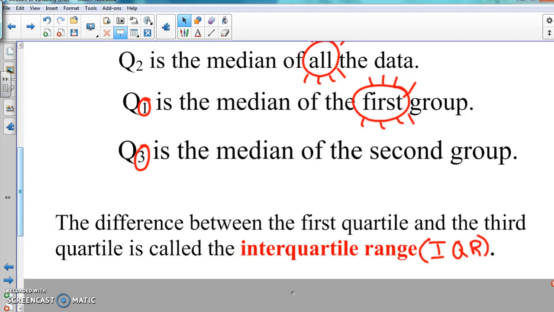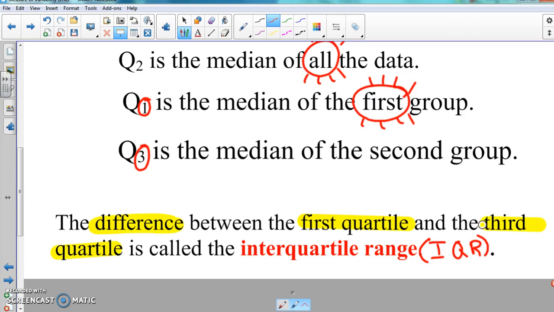Now, here's another vocabulary word: interquartile range. The difference between the first quartile and the third quartile is the interquartile range. Some keywords for this one would be difference and the first and third quartile.